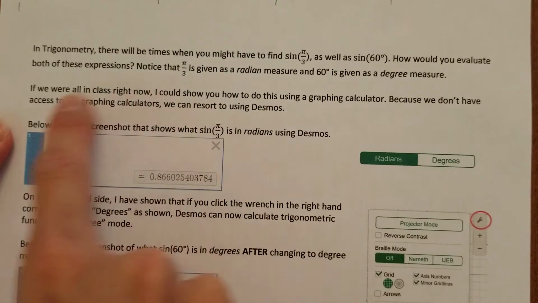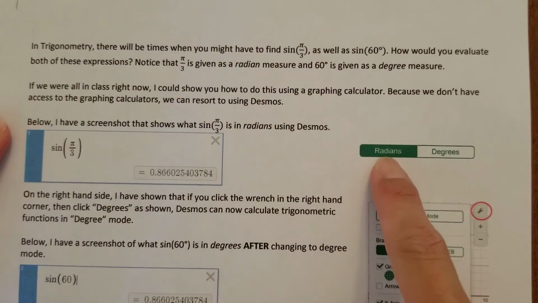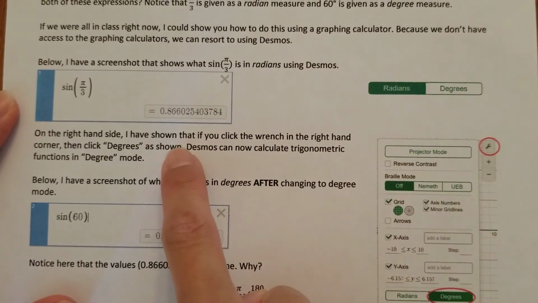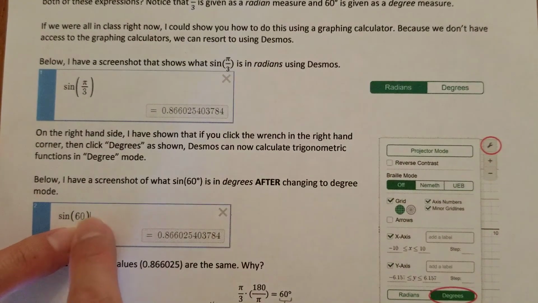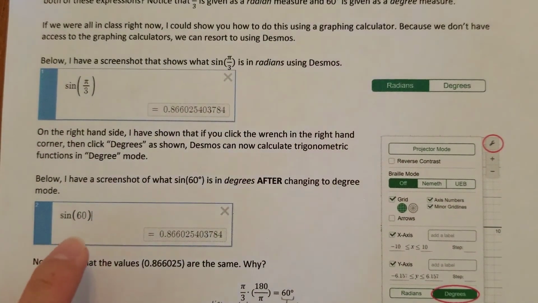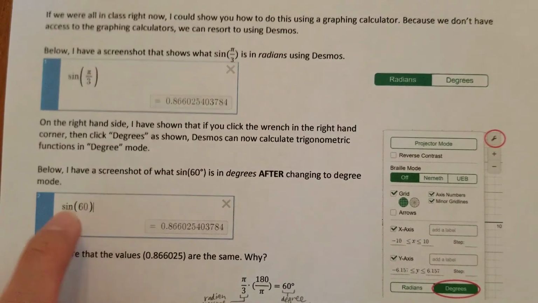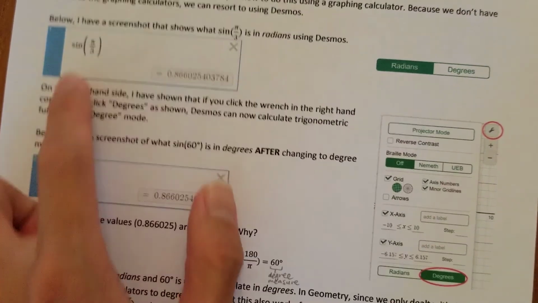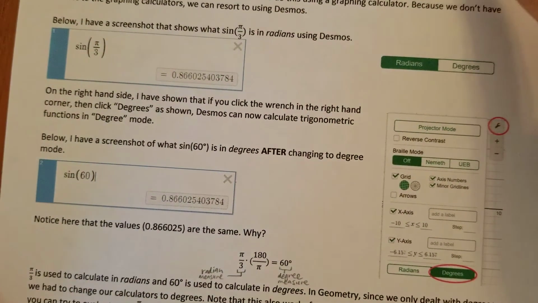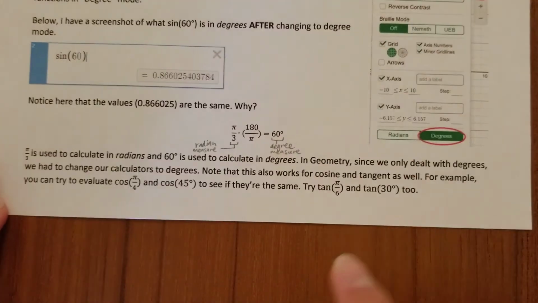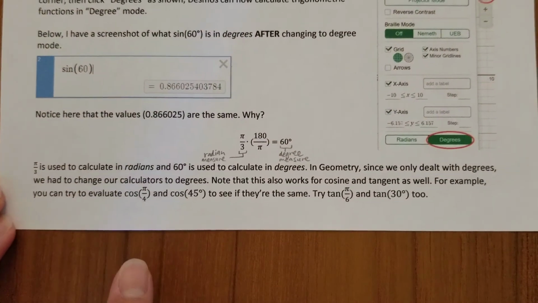This is why, if your calculator is set to radian mode, you're going to get the same output as if the calculator was in degree mode, because the calculator knows you're typing 60 degrees and pi over 3 radians, which represent the same thing. Okay, that's why I just wanted to show you that.